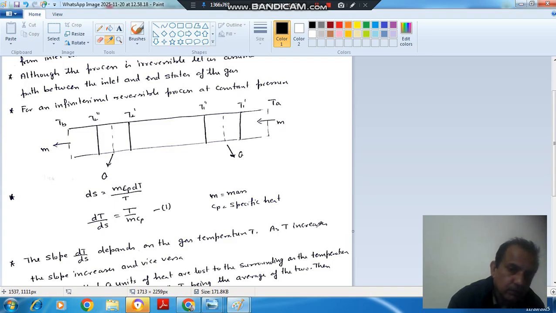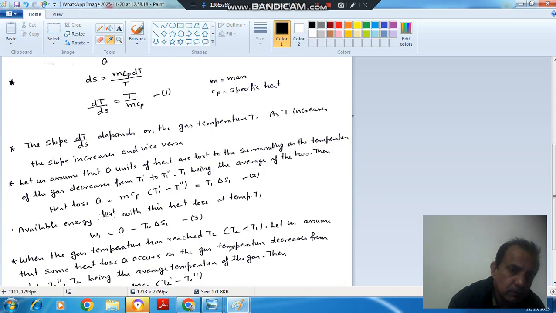Now we consider two sections, this section and this section. Here the average temperature is T1 and here the average temperature is T2, and the same heat Q is rejected from these two sections. If we consider this first section, then Q will be equal to m Cp (T1' minus T1'').